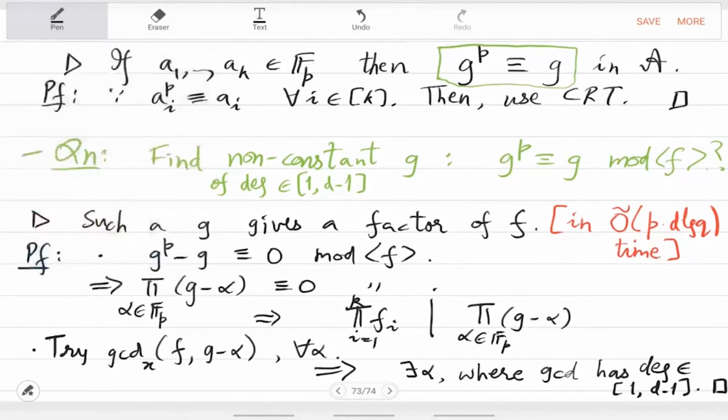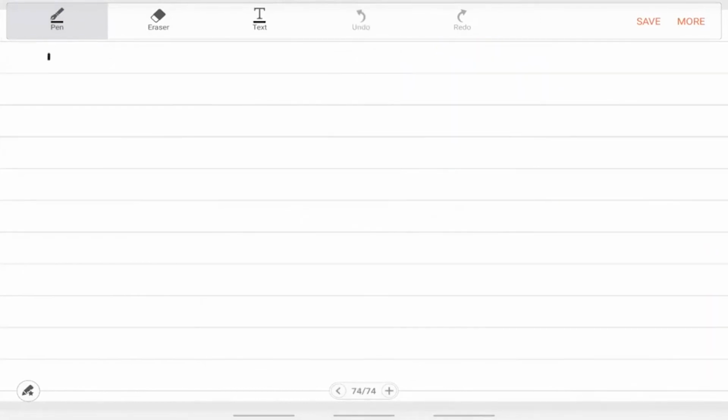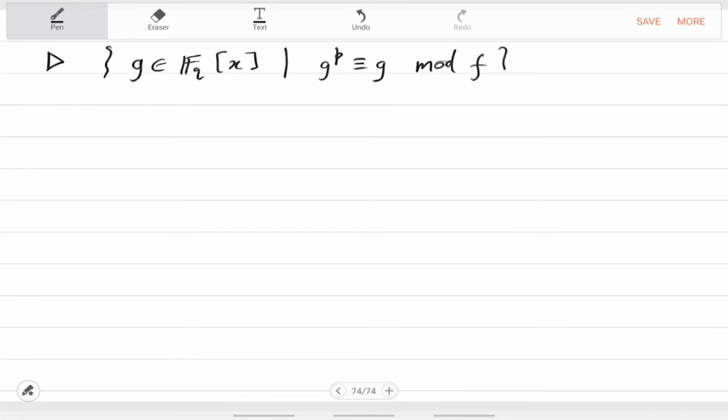Okay, so let's see the first property, which is that the solutions of this... what is the property of the solution space?